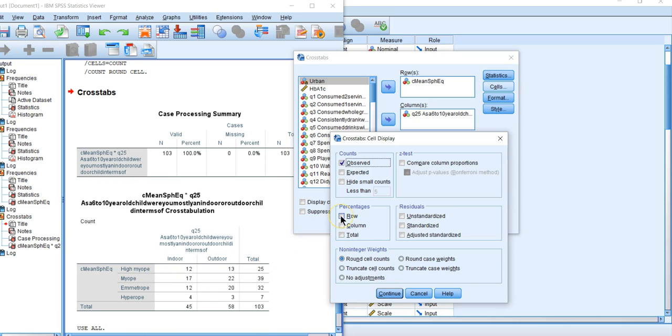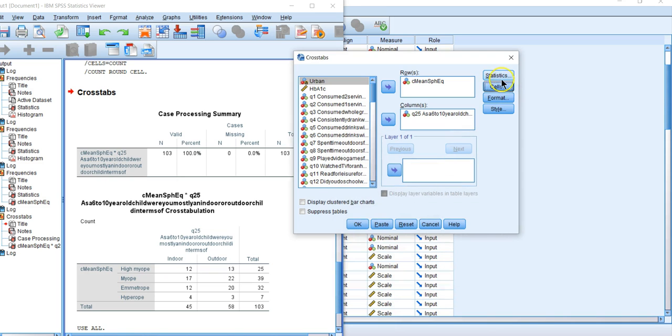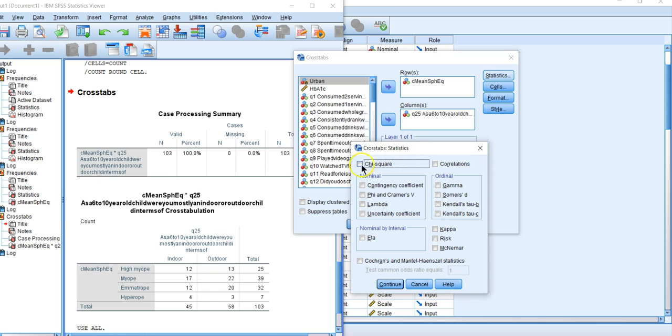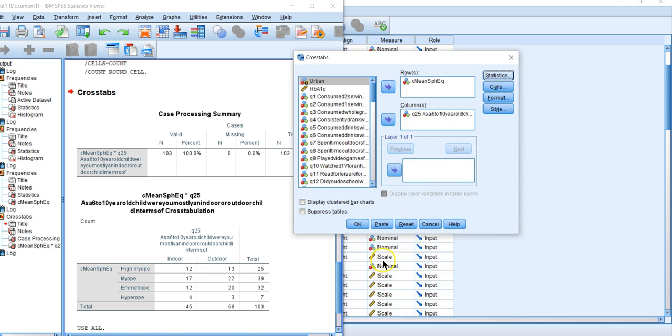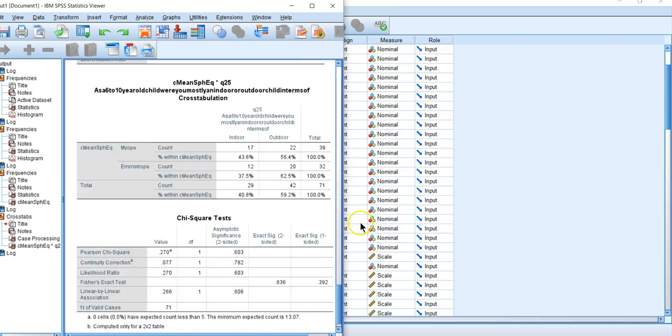So let's look at how many of each of these fell in that category. And then for statistics, we want the chi-square. And let's see what we get.